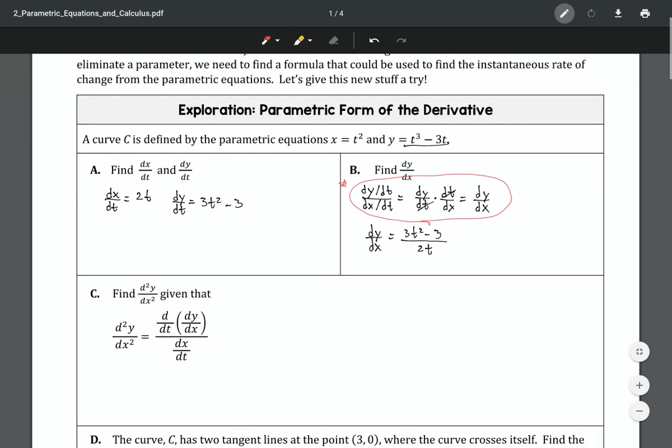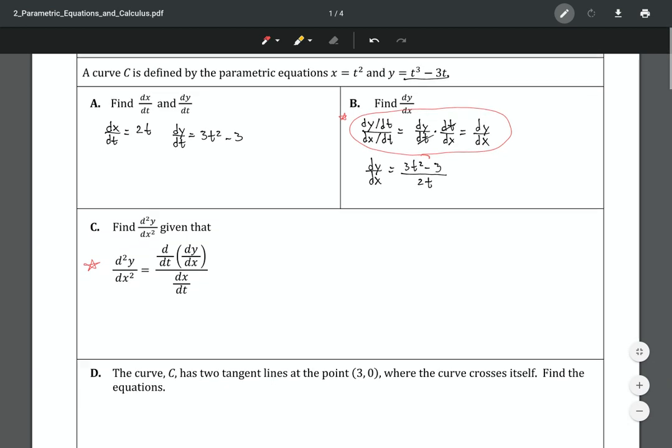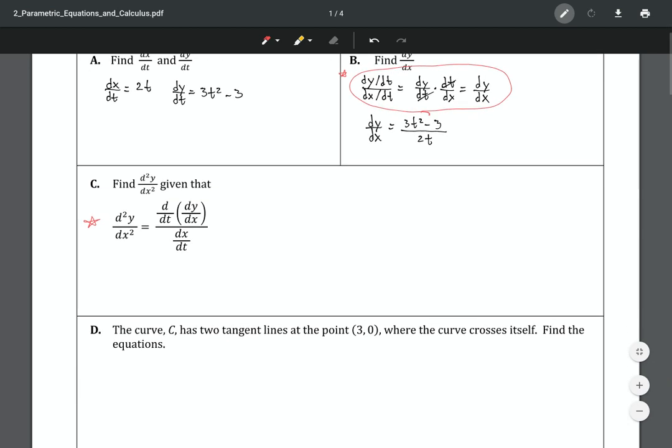Now if we're talking about the second derivative of y with respect to x, remember we have this parametric equation, so we're going to have to do a little bit of work. This is the formula. This is another formula you need to memorize. We're not deriving that yet, and we can show you that in a different video, but for now, just memorize it.